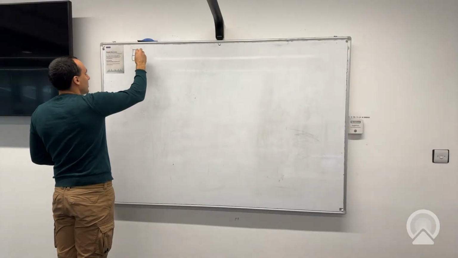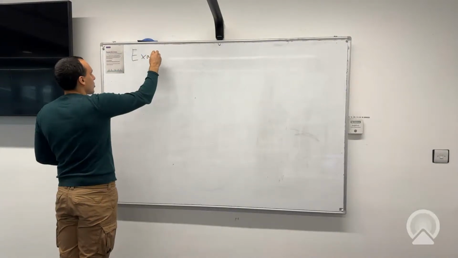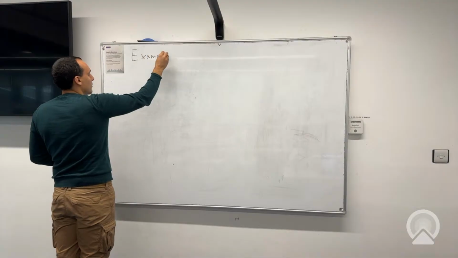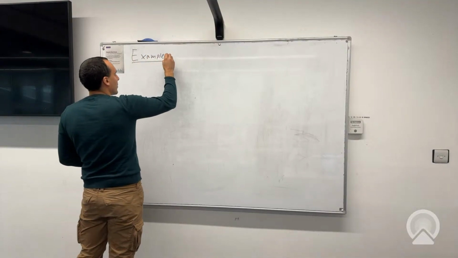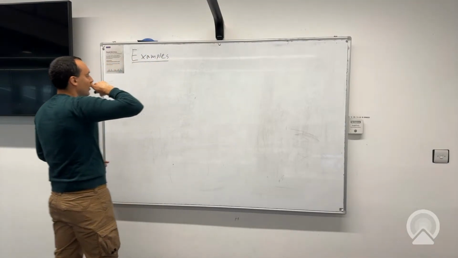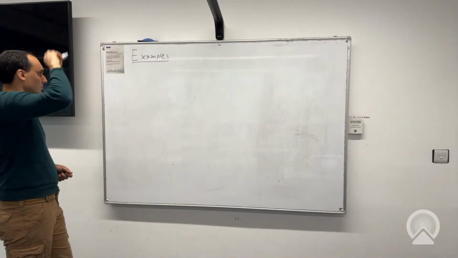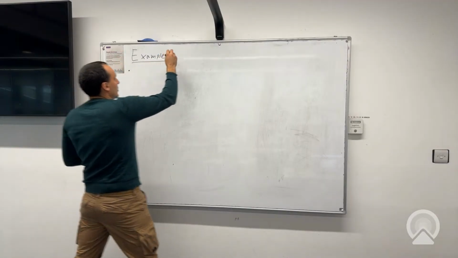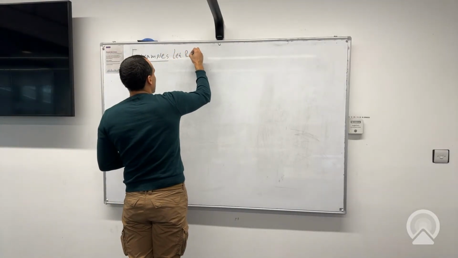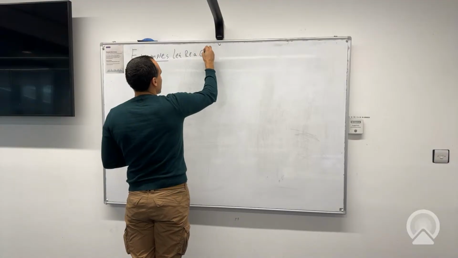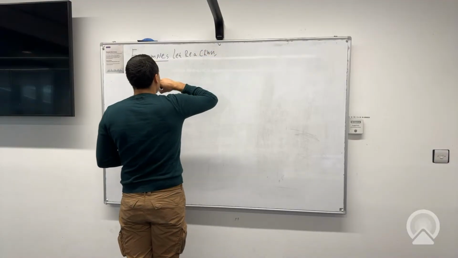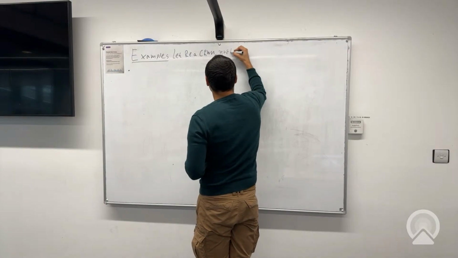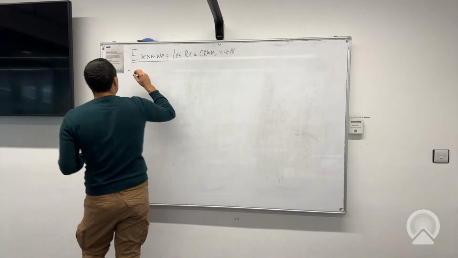Let R be a commutative ring with unity, and m and n are integers.